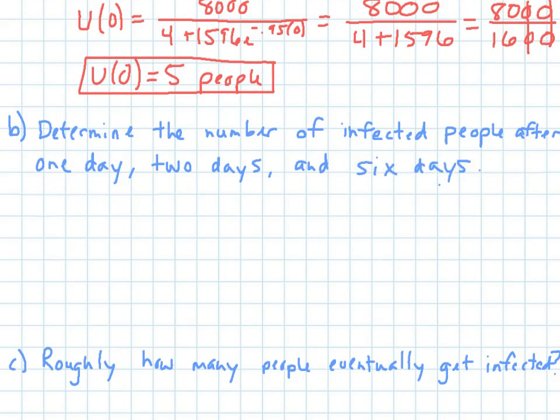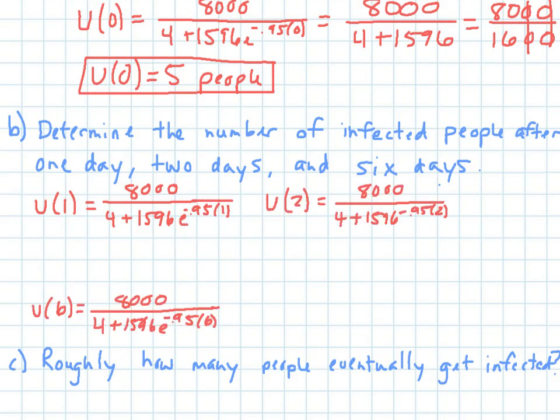So plugging these in, the following functions would look like this with 1 day, 2 days, and 6 days in them. So then after I plug them in, I would get the following values.